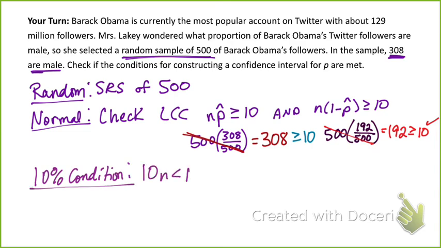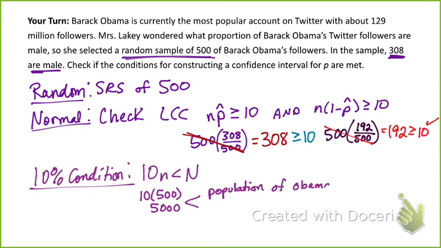10 times the sample size has to be less than the population size. 10 times 500, which is 5,000, has to be less than the population of Obama's followers.